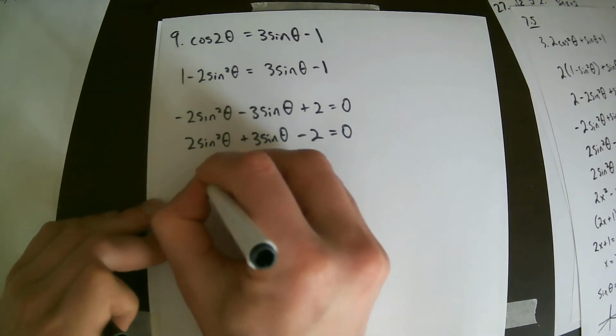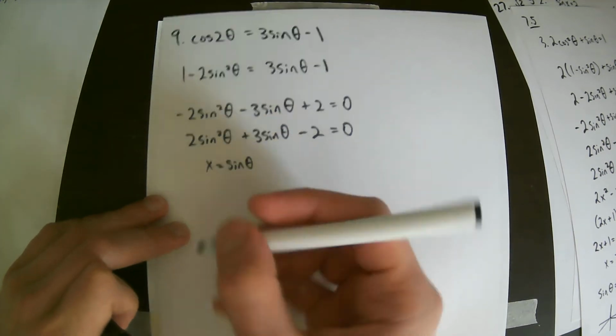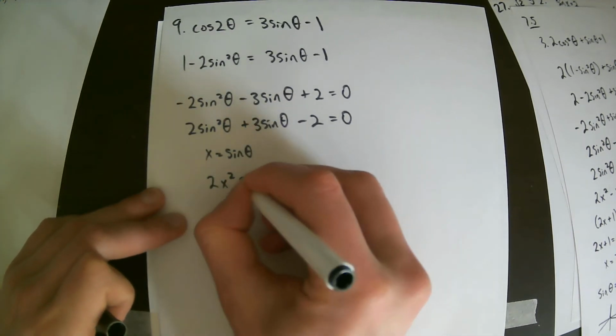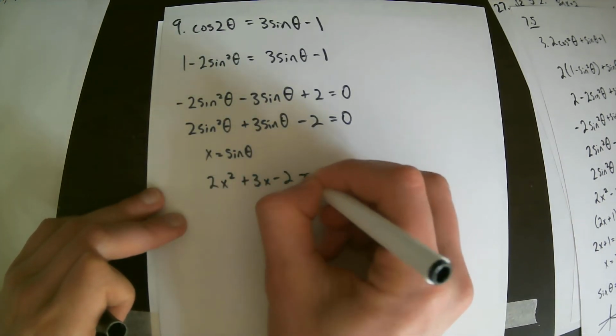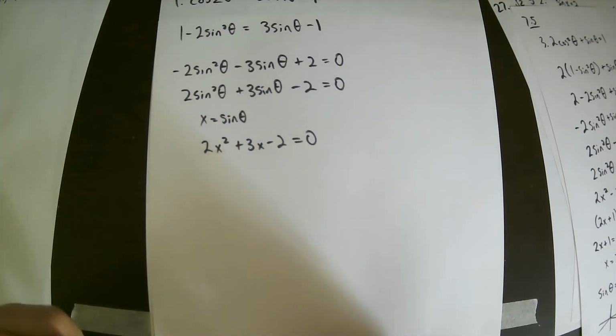Okay, now I can replace sine with x. Whenever you've got a quadratic trig function, you're going to probably want to do this step just to make solving this quadratic equation a bit easier to look at.